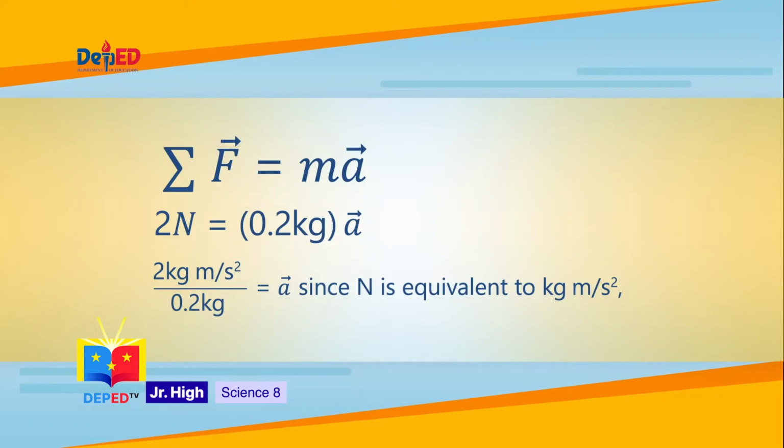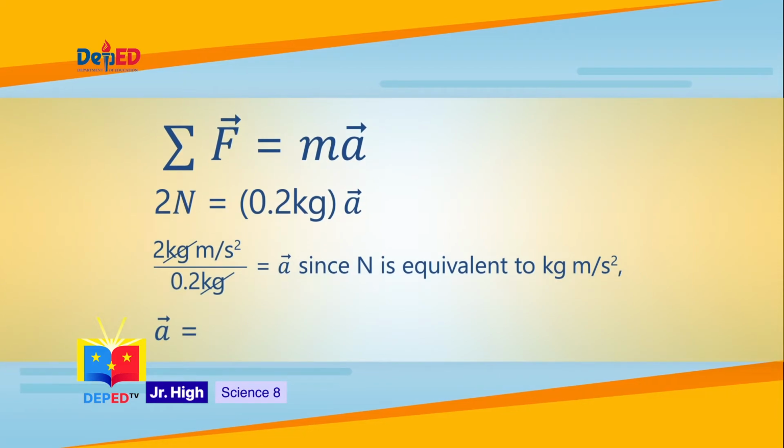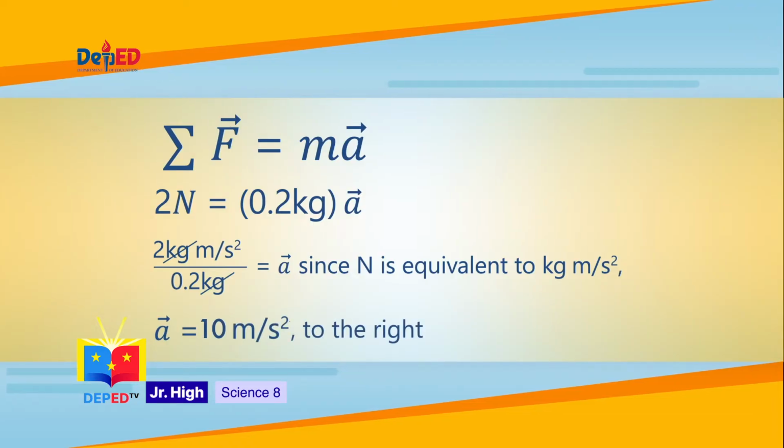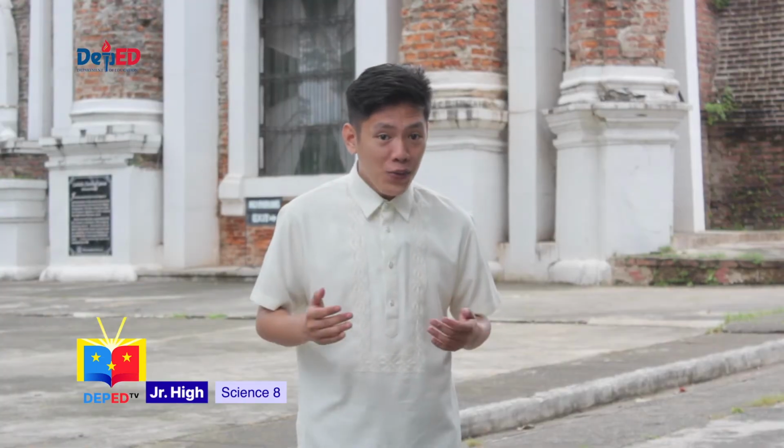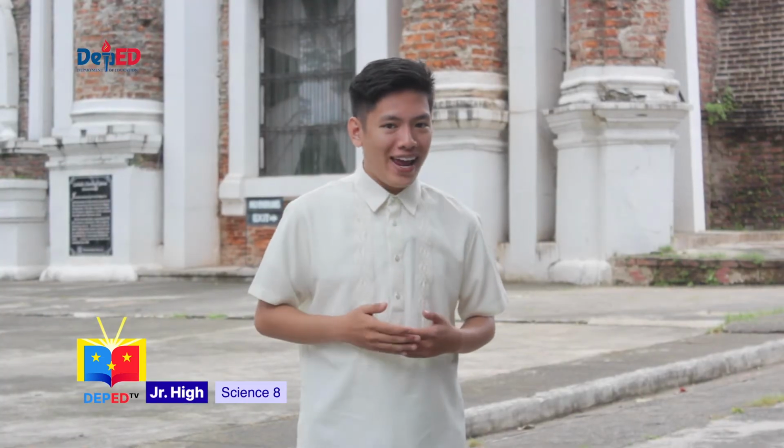That will allow us to meet similar units in the process. After that, we do division and come up with 10 meters per second squared. Thus, the acceleration of the baseball is 10 meters per second squared to the right. Can you follow? I hope you can.